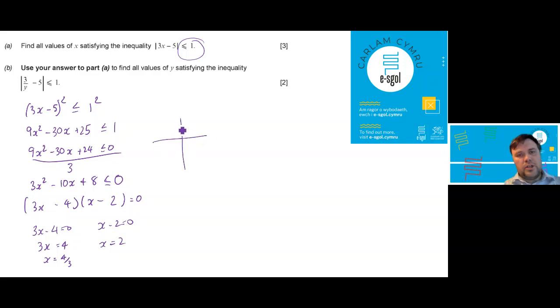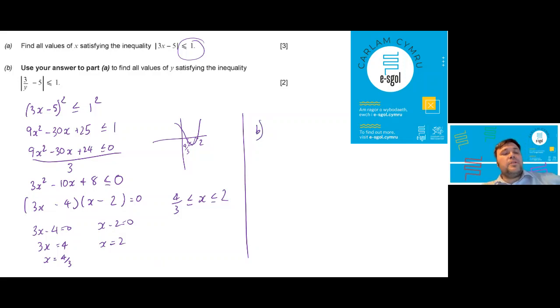Draw a little sketch. So there is 2, there's 4/3, and you want it to be less than or equal to 0, so it's that region underneath. So then the answer is x is greater than or equal to 4/3, but it is less than or equal to 2.